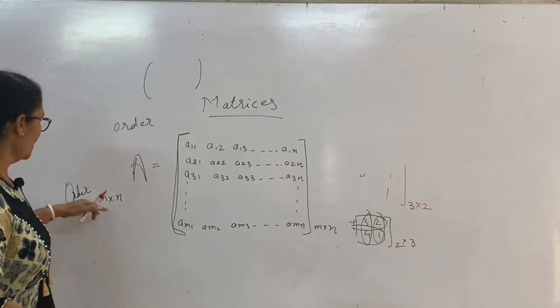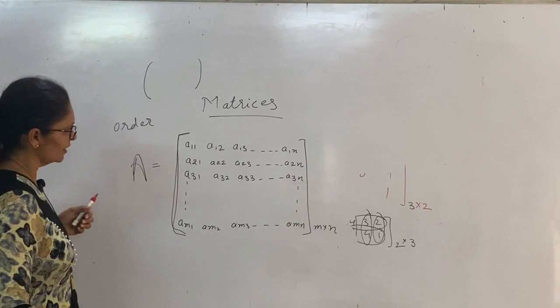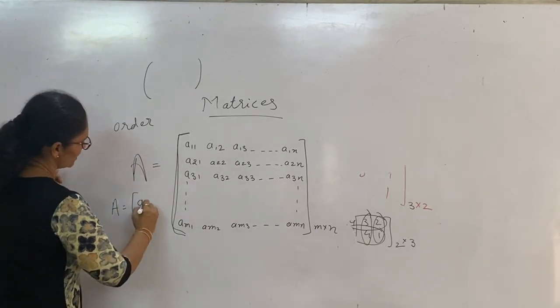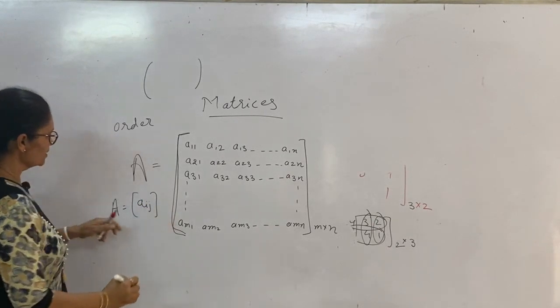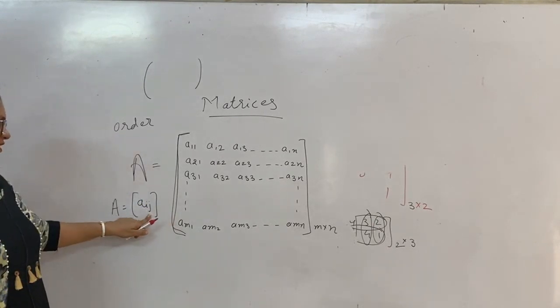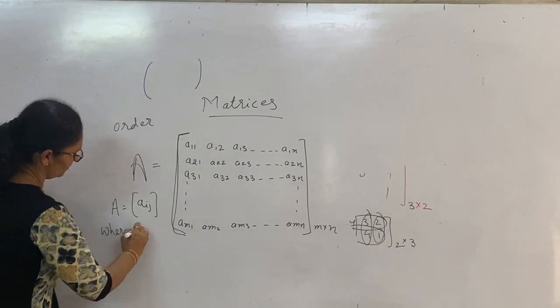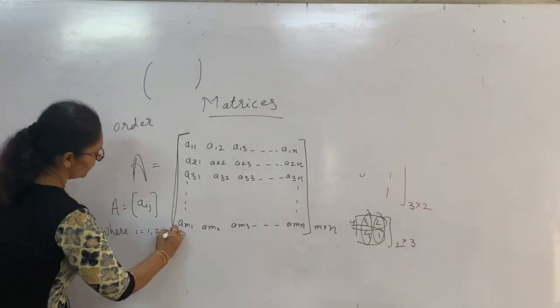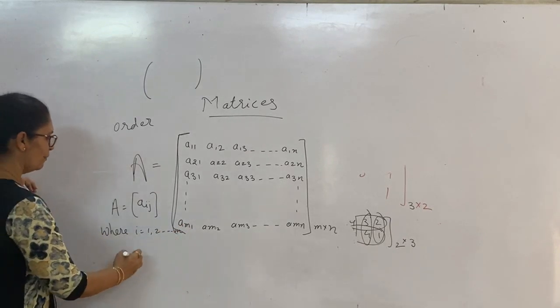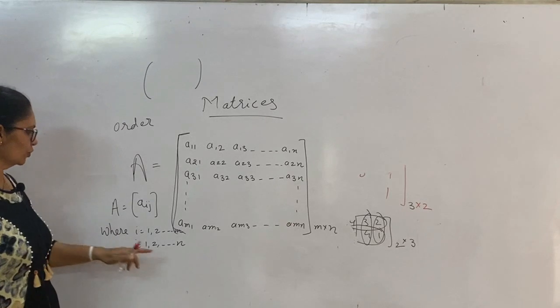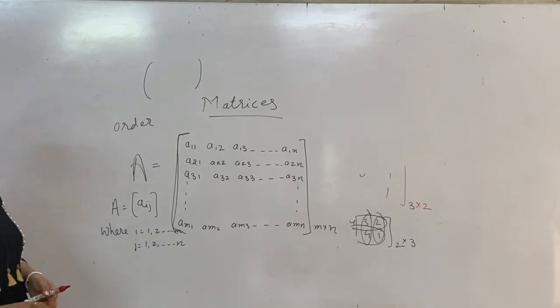Now generally, suppose I write matrix A symbolically, then I use Aij. What does it stand for? i stands for row and j for column. Suppose i equals 1 to m, that means m rows are there, and j equals 1 to n, that means a total of n columns are there.